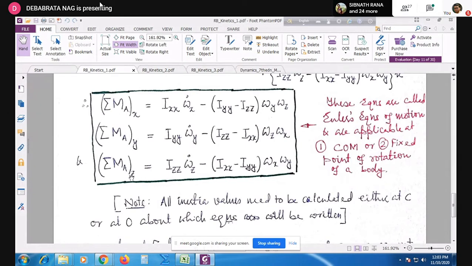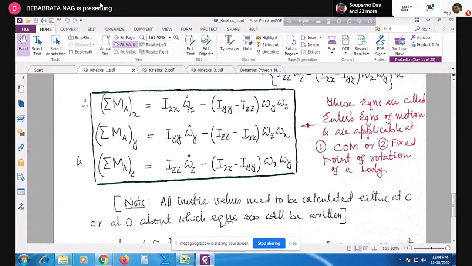In the free body diagram, special care needs to be taken to show all possible external forces acting on the body. If you miss any one force in your free body diagram, the left-hand side evaluation of the equation will be wrong.